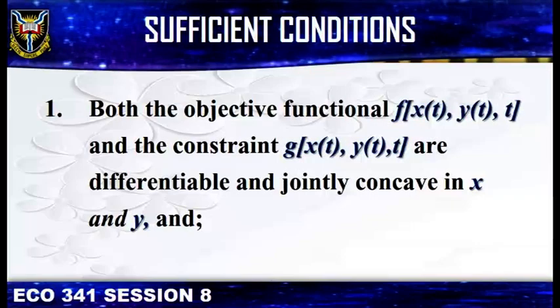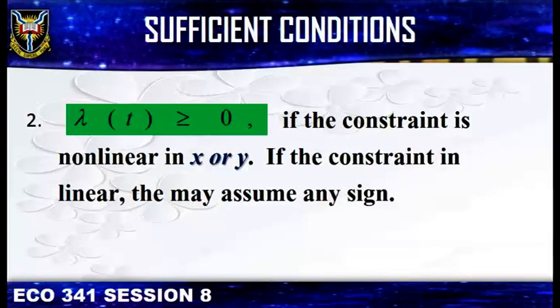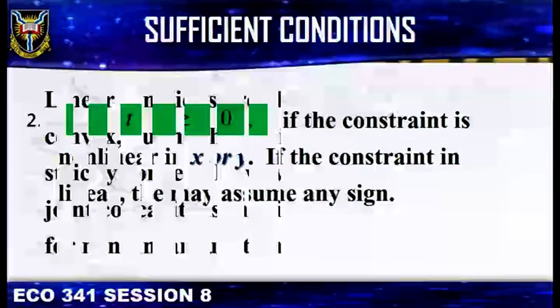Both the objective functional f of x of t, y of t, t, and the constraint g of x of t, y of t, t are differentiable and jointly concave in x and y, and 2. Lambda of t is greater than or equal to 0 if the constraint is non-linear in x or y. If the constraint is linear, lambda may assume any sign.